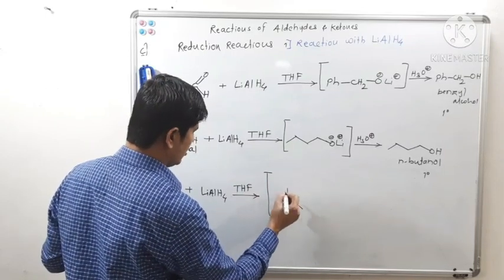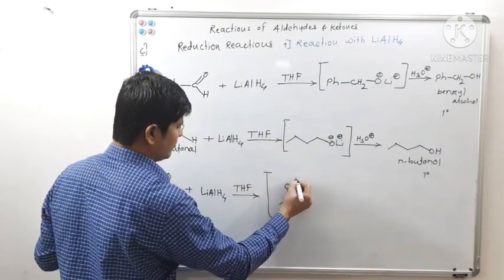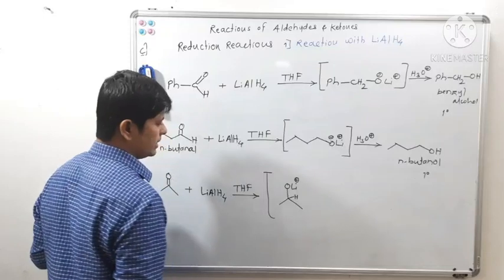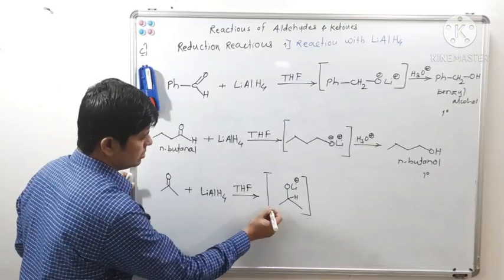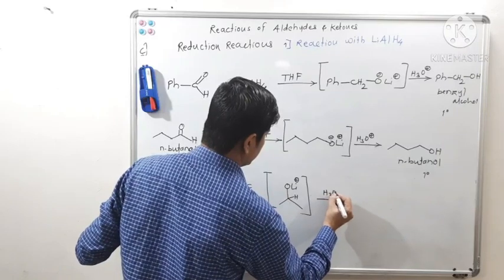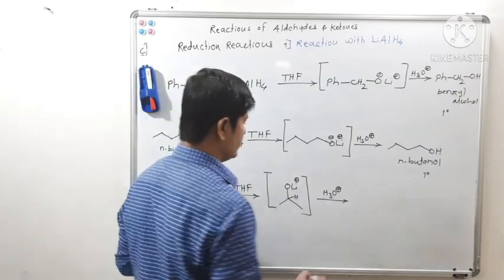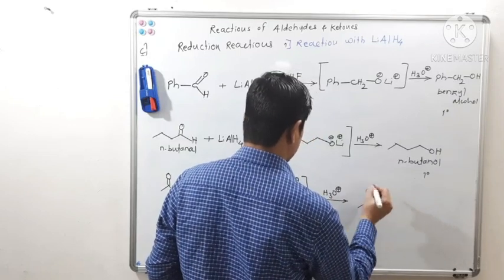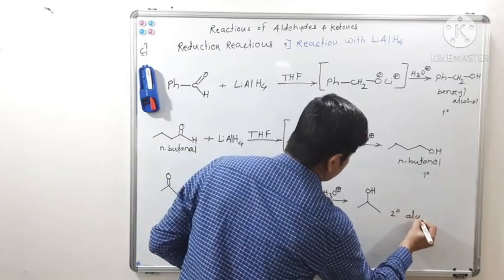Write the basic structure of acetone as it is, and on oxygen write OLi, that is Li+, and to the carbon to which oxygen is attached, write one hydrogen, isn't it? Now this compound on reaction with H3O+, that is dilute HCl, forms an alcohol as a product.